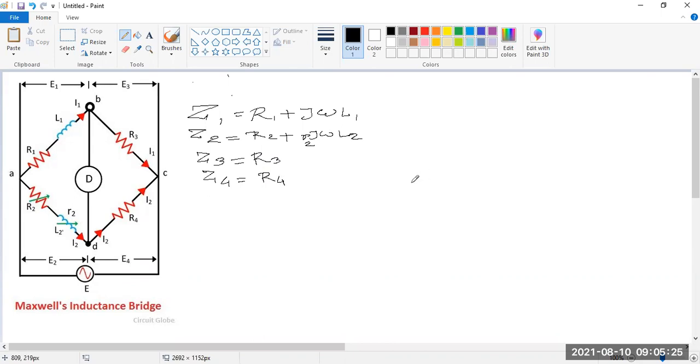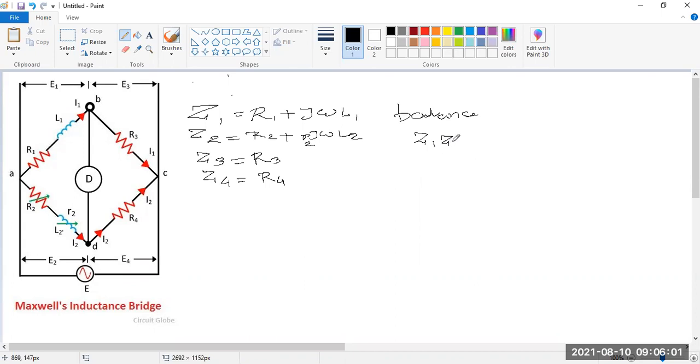Now the balance condition is when the detector D shows null deflection. Under the balance condition, the cross arm multiplication is equal.